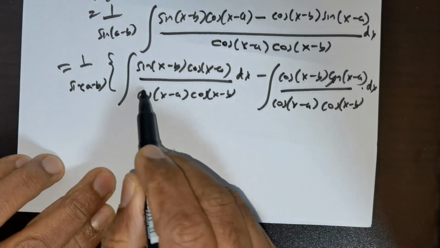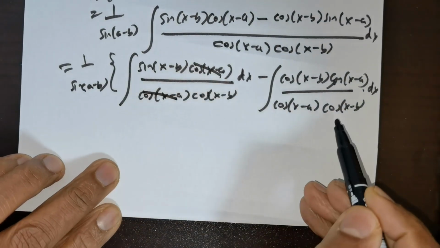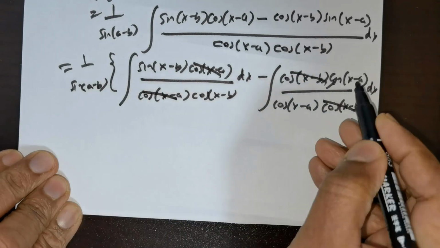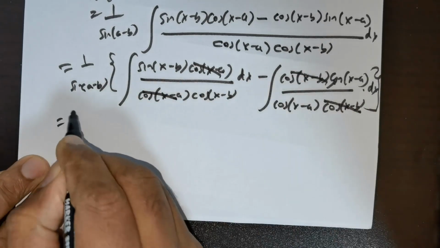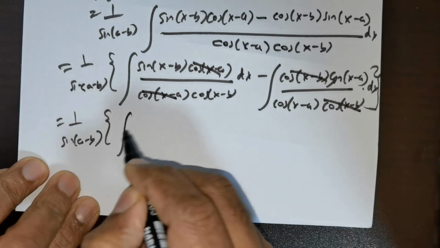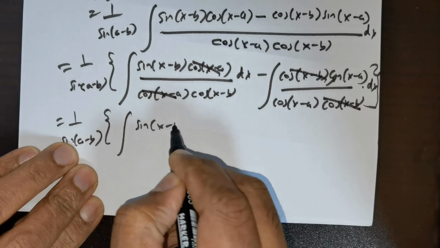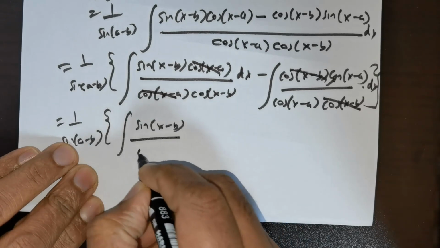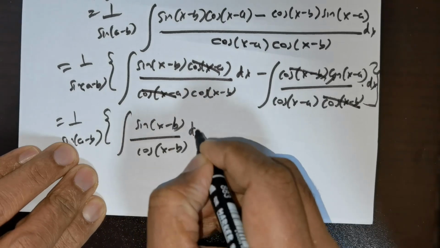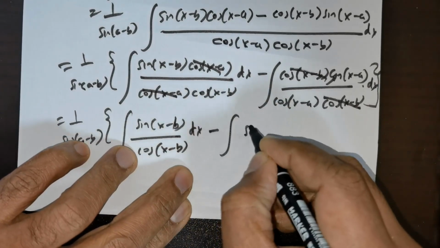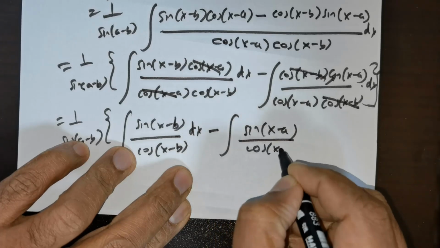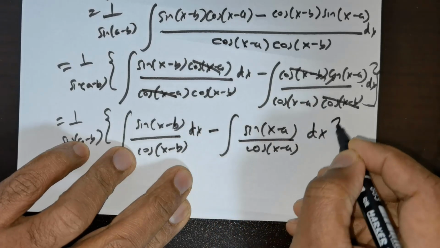Now cos(x − a) and cos(x − a) get cancelled, and cos(x − b) and cos(x − b) get cancelled. However, there is a parenthesis there. So this is equal to 1 over sine of (a − b) times the integral of sine(x − b) divided by cos(x − b) dx, minus sine(x − a) divided by cos(x − a) dx.